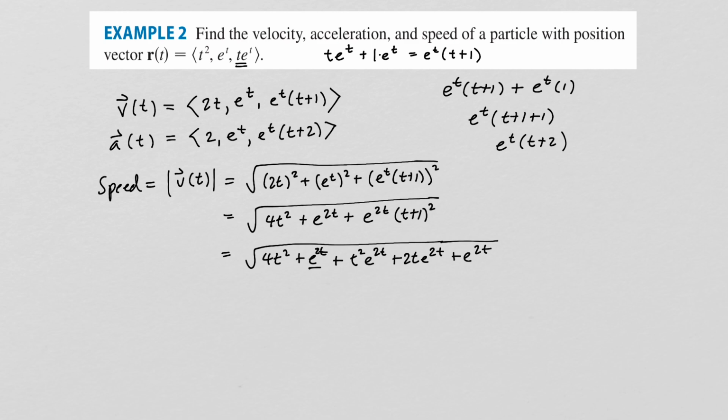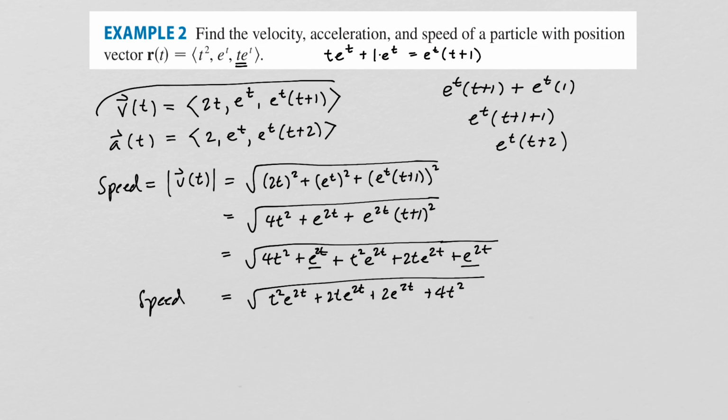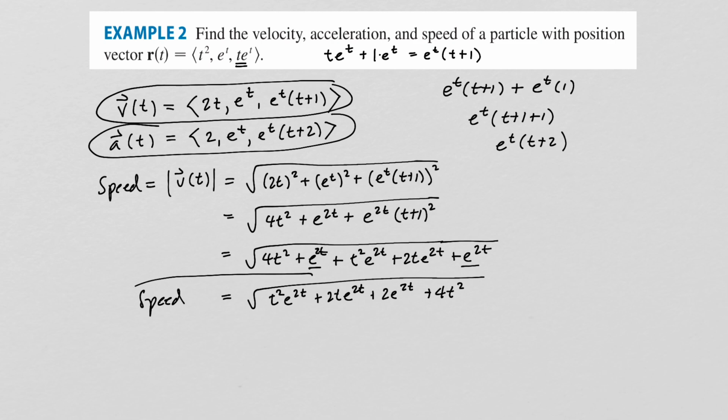And then combining like terms here, we end up with t squared e to the 2t plus 2t e to the 2t plus 2 e to the 2t plus 4t squared. And this is the speed at any time t, and of course square root of the whole thing. So velocity vector is here, acceleration vector is here, and the speed is this scalar quantity.